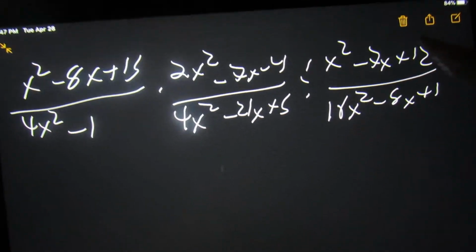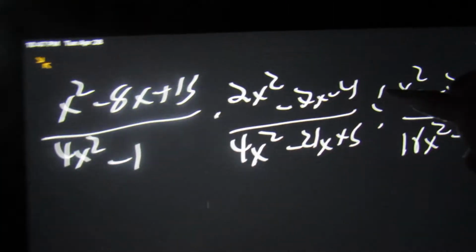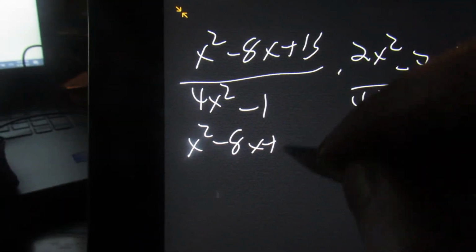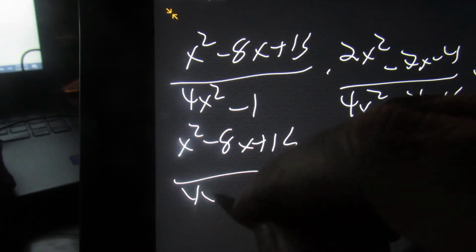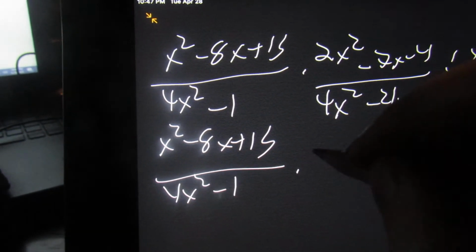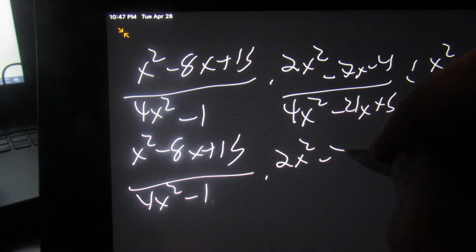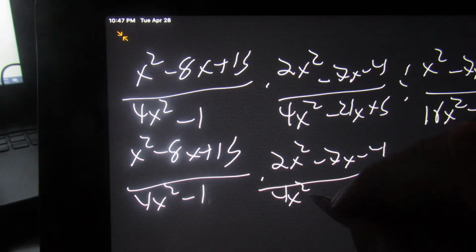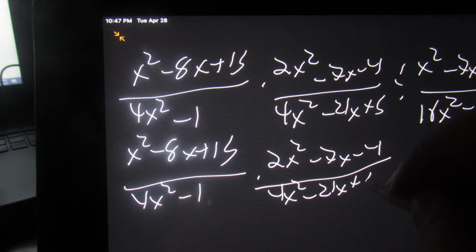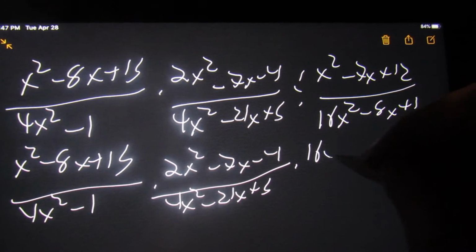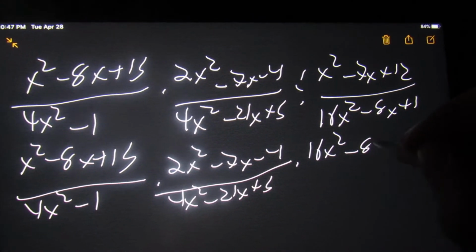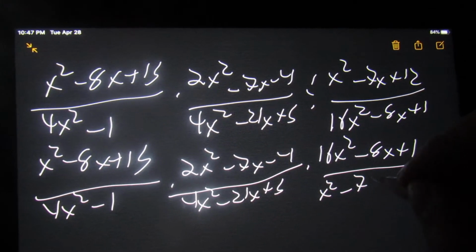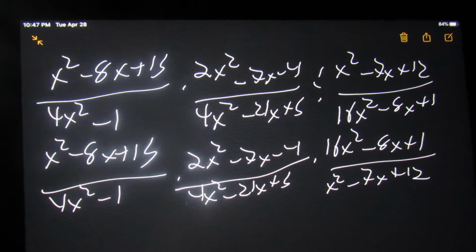So the first thing I have to do is flip the third one because it's the division. So x squared minus 8x plus 15 over 4x squared minus 1 times 2x squared minus 7x minus 4 over 4x squared minus 21x plus 5 times 16x squared minus 8x plus 1 over x squared minus 7x plus 12.